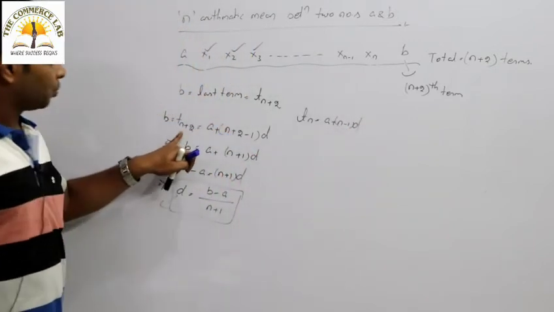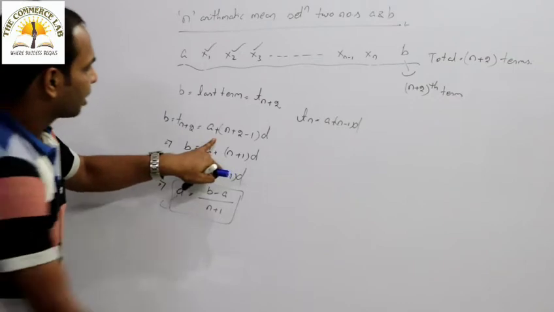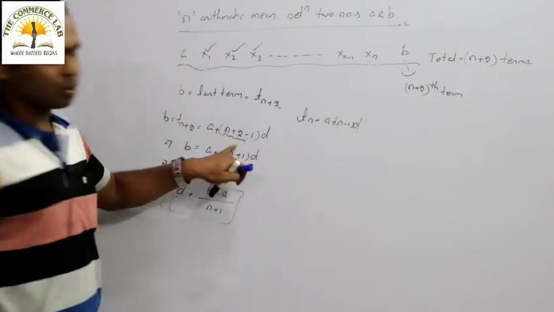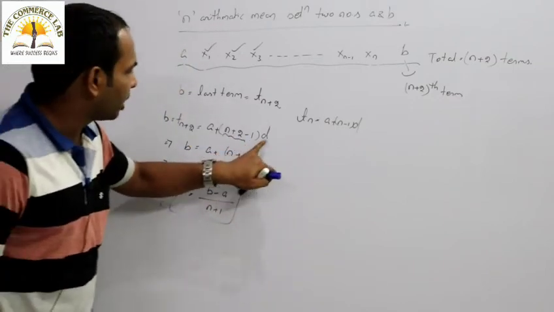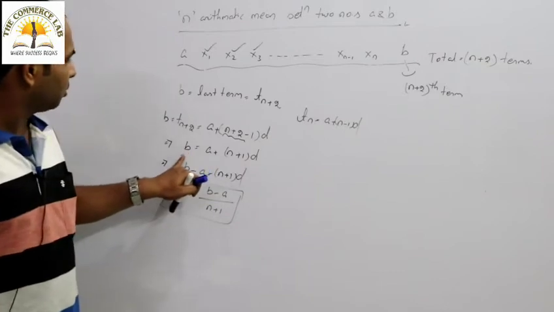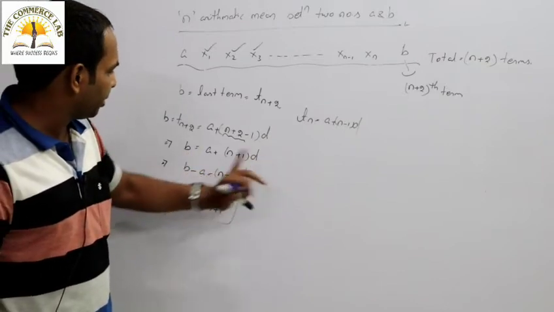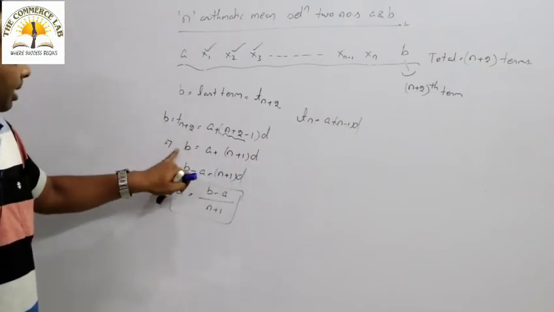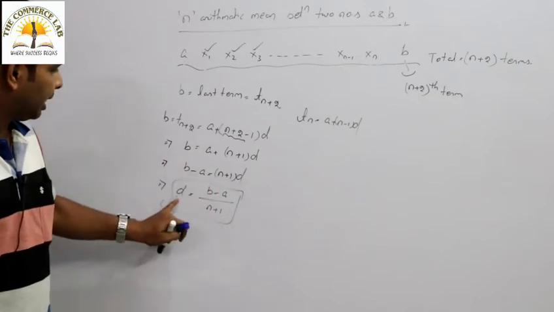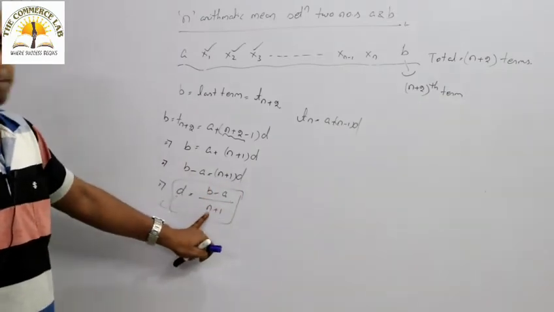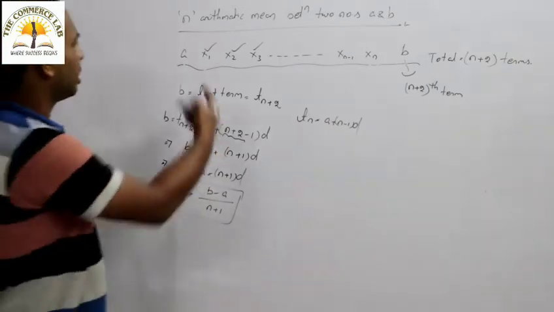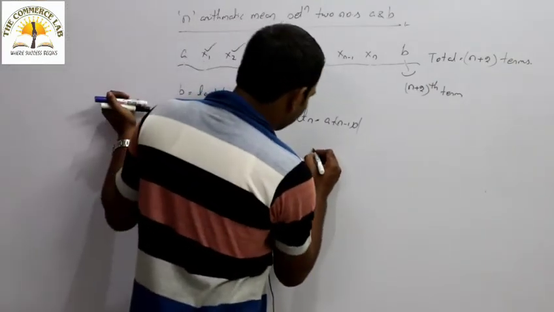So Tn plus 2 equal to a plus, here in terms of n plus 2, n plus 2 minus 1 into d. So b is equal to a plus n plus 1 into d. So b minus a equal to n plus 1 into d, d equal to b minus a by n plus 1. So let's find out x1.